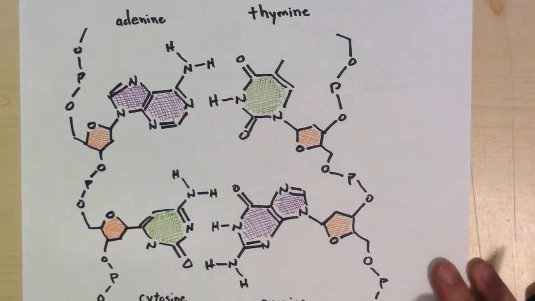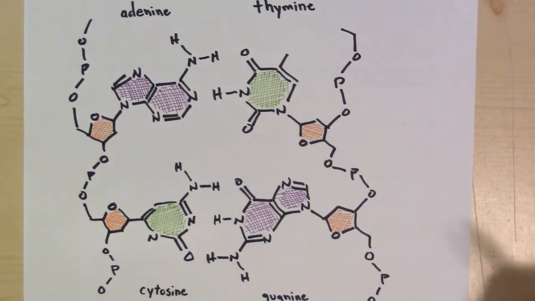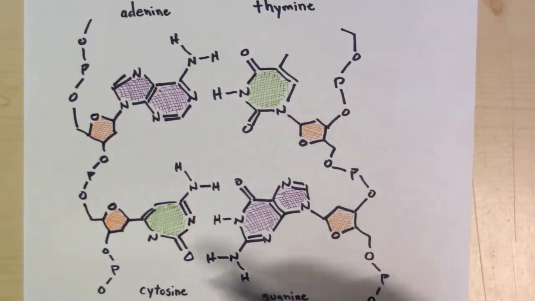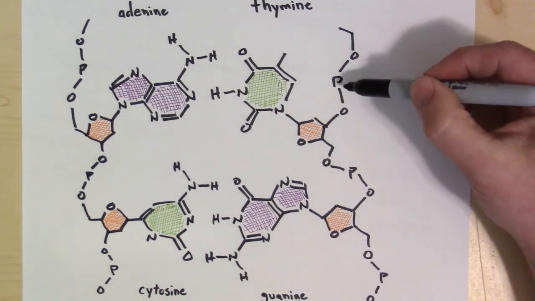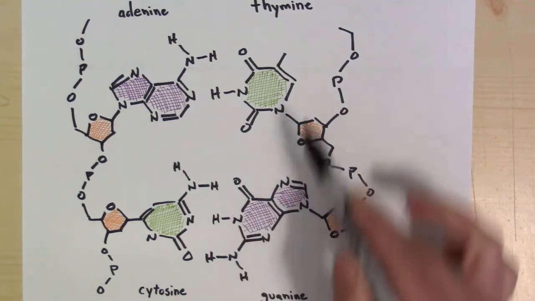So here we see two strands. I've drawn it with each of the four different bases: adenine, thymine, guanine, and cytosine. So we have the phosphate ribose backbone along the side here connecting to each of the bases.